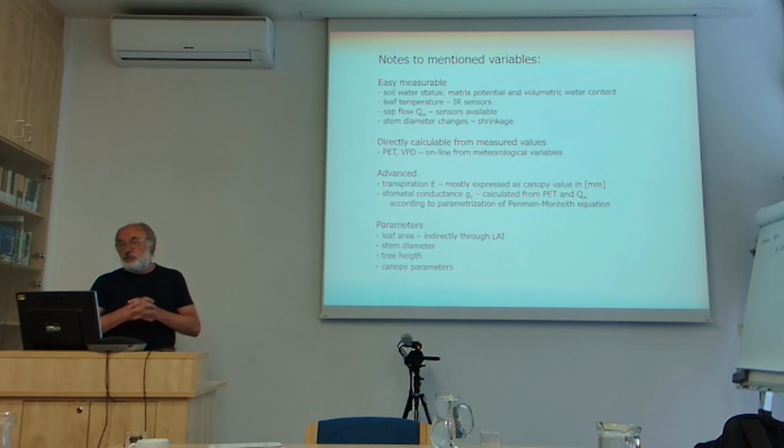Notes to these mentioned variables. Some of them are easily measurable, like soil water status, matrix potential, and volumetric water content is easy. Leaf temperature using the infrared sensors is also quite easy. Sap flow, for this we have many different kinds of sensors for the measurement of sap flow.